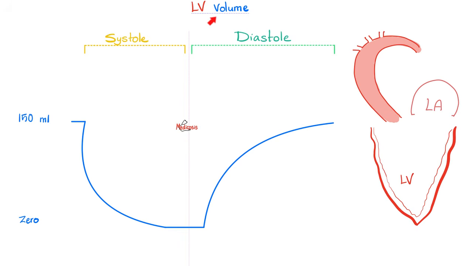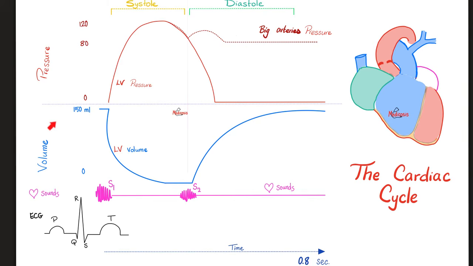Next, what do you think happens to the left ventricular volume as it pushes blood out of it? Of course, the volume goes down. But when it's receiving blood into it, the volume goes up. And therefore, we can put everything that we know so far on one graph. This is the pressure graph. The pressure of the ventricle goes to 120 upstairs and almost 0 downstairs, systole versus diastole.